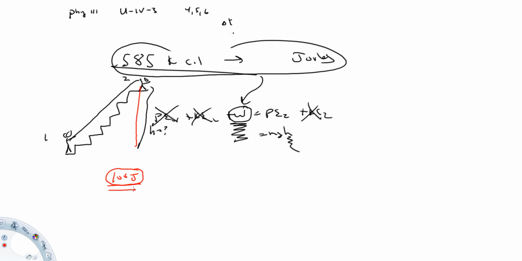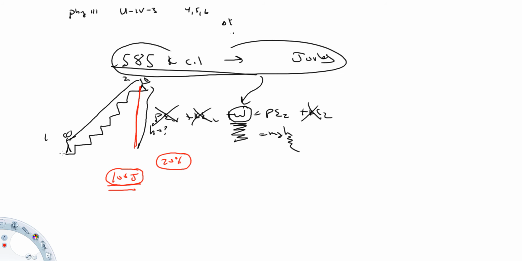A human being, to the best of my knowledge, is around 20% efficient, meaning to do 100 joules of work, they would have to burn about 5 times that, about 500 joules in calories. As everybody who's exercised knows, you get hot, you give up a lot of heat, and you're burning energy in the process.